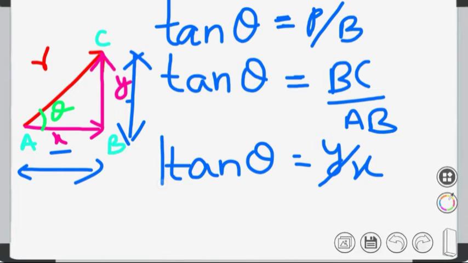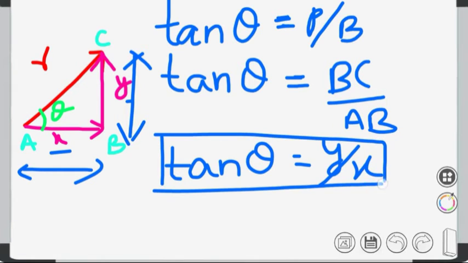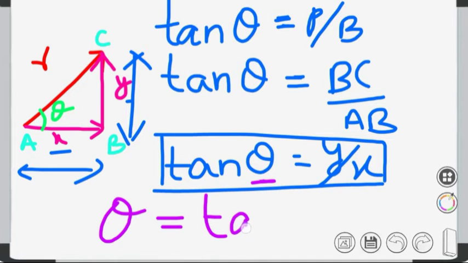So this formula is used to calculate tangent theta. To calculate theta from this formula, we will write the formula as theta is equals to tan inverse y over x.